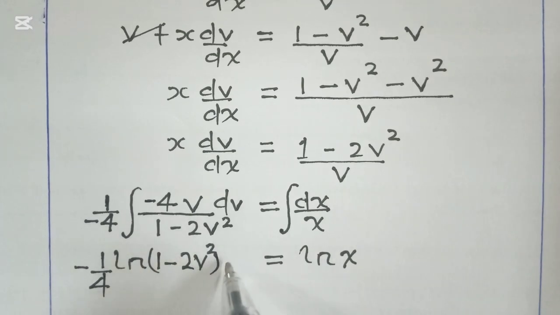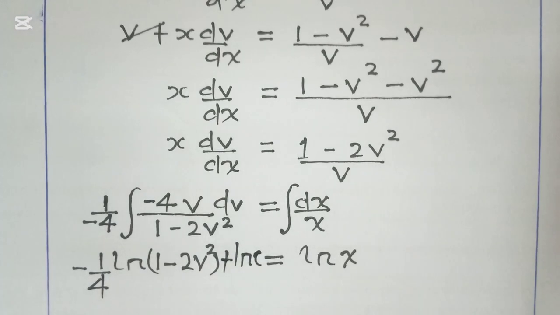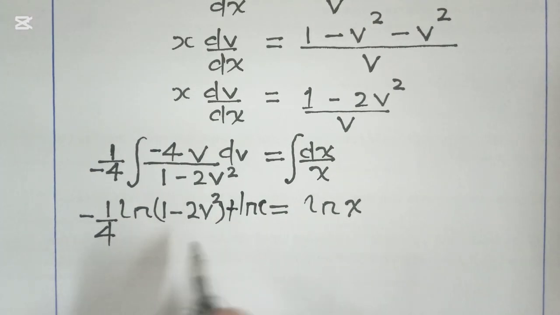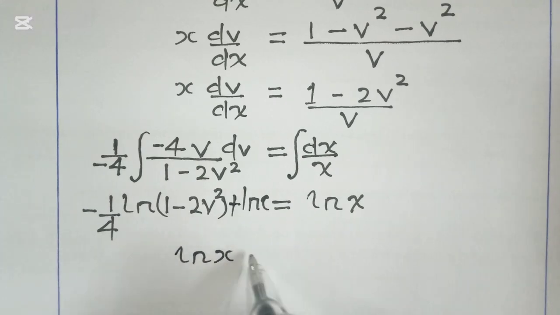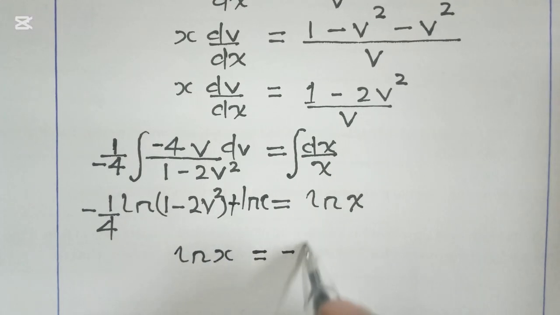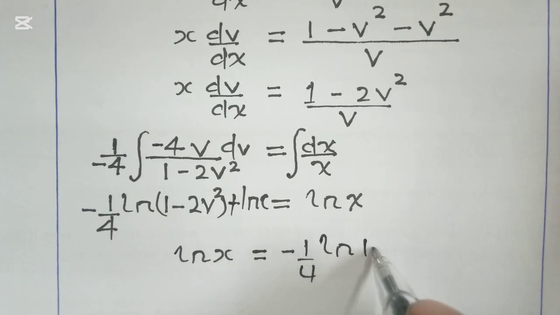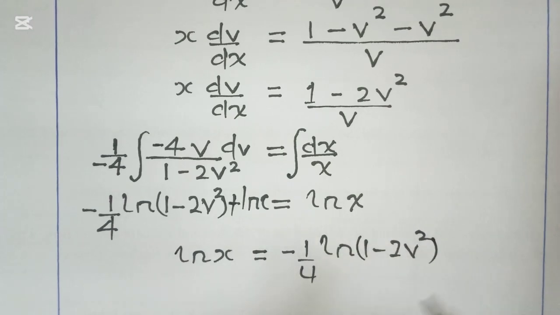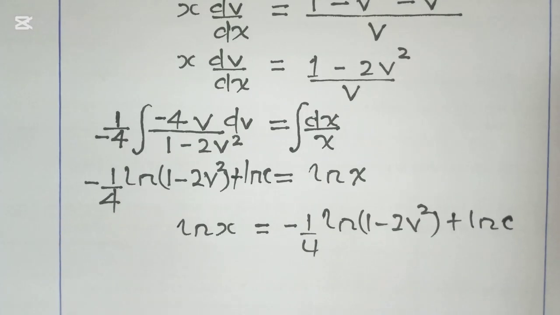We can also put our constant here, but now we put it in the form of natural log of c. So if I were to write it well here, it's supposed to be natural log of x equals negative 1 over 4 natural log of 1 minus 2v squared plus natural log of c, like that.